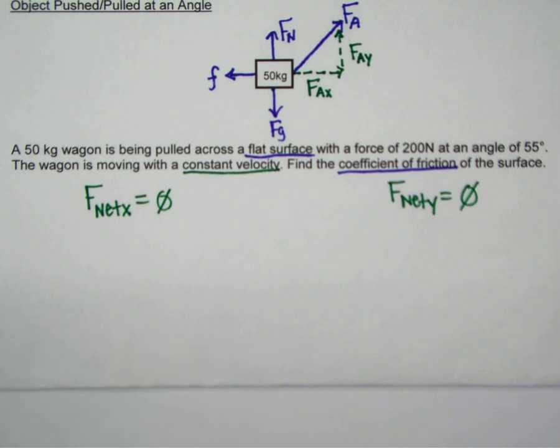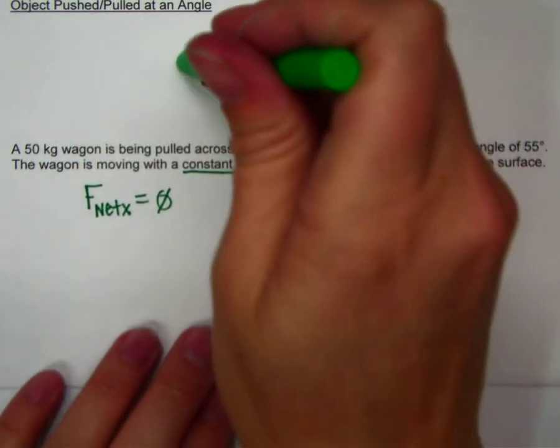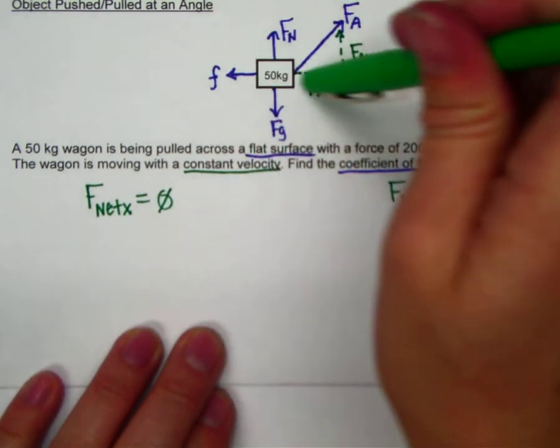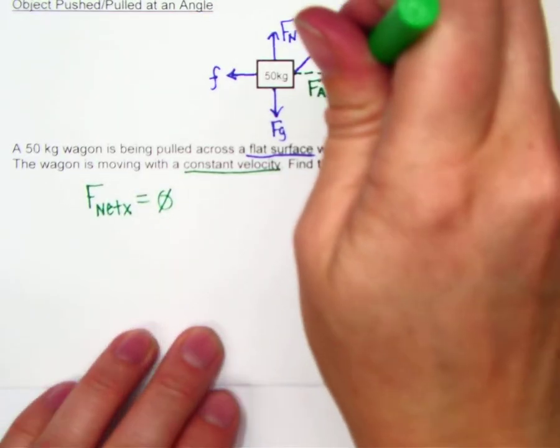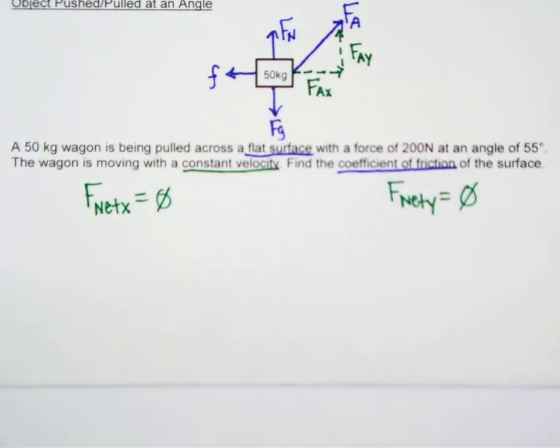Next, we're going to say, what forces do I have that exist on our object? Well, in the x direction, that's everything horizontal. What is going left and right? I have F and FAX. Those are the only horizontal forces, completely horizontal. That's what it means.